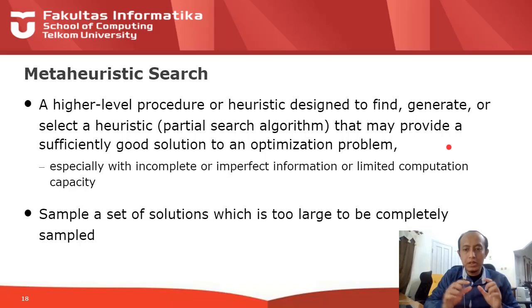It will sample only a subset of solutions, which means that not all solutions will be evaluated. This is the challenge that meta-heuristic search wants to solve. Even if we are only given the chance to explore a small number of solutions, can we find a good enough solution to the problem?